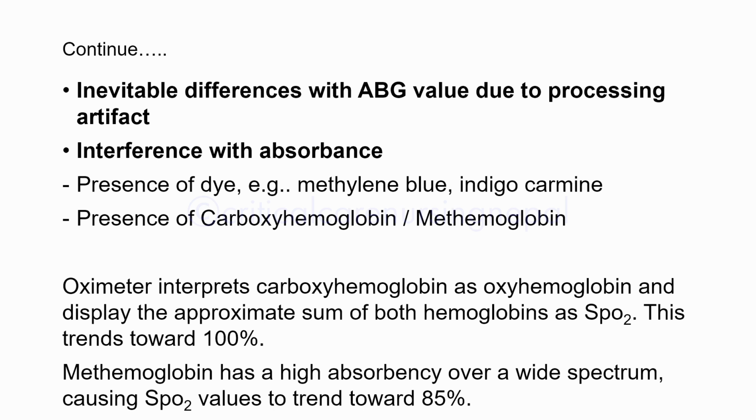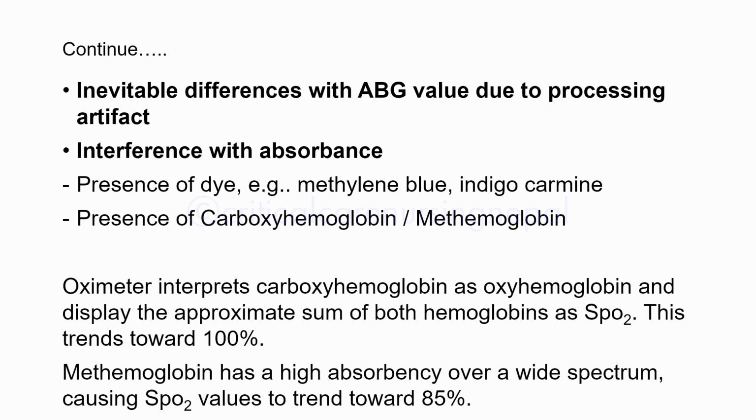Similarly, the presence of carboxyhemoglobin and methemoglobin might also cause an erroneous SpO2 reading on the monitor. So, what happens in carboxyhemoglobin? The device reads carboxyhemoglobin as oxyhemoglobin because their absorption spectra overlap.